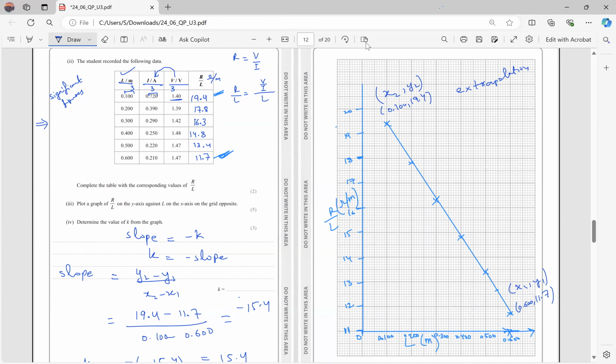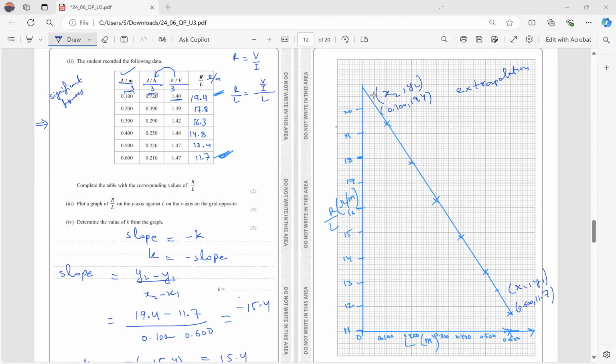So let's extrapolate it. Again, we'll be drawing a straight line from this point, and this line should exactly extend. So it extends up till here. This is about between 20.8 and 20.9, but I think it's closer to 20.9.